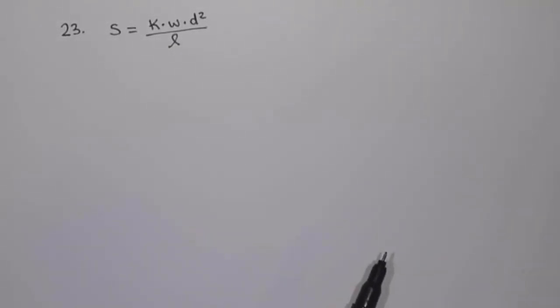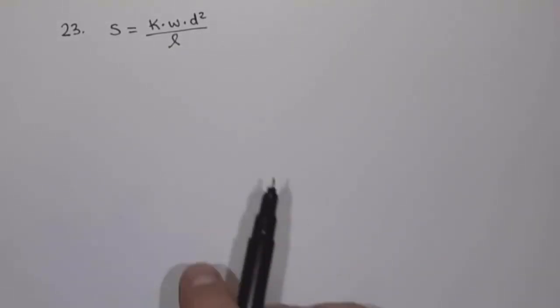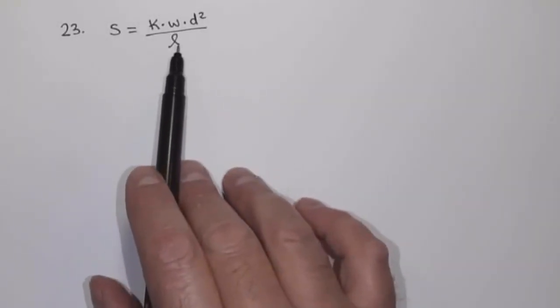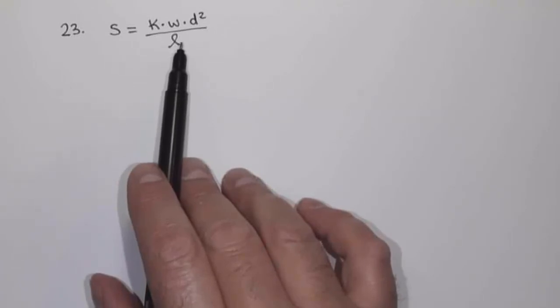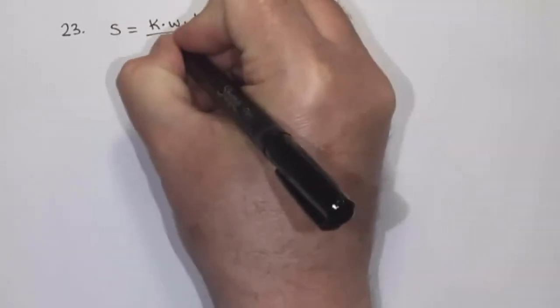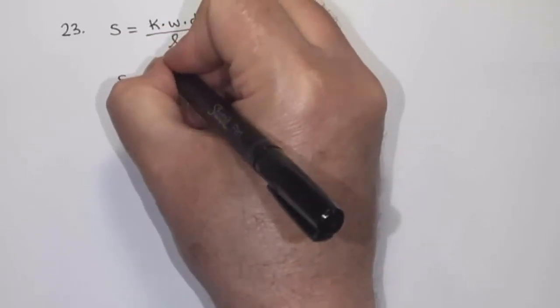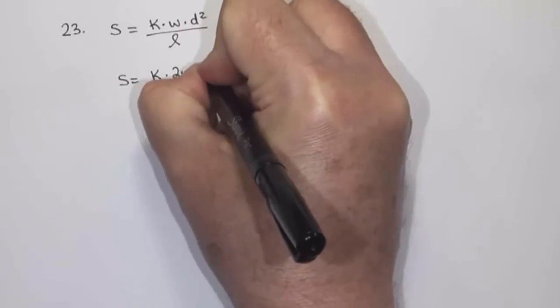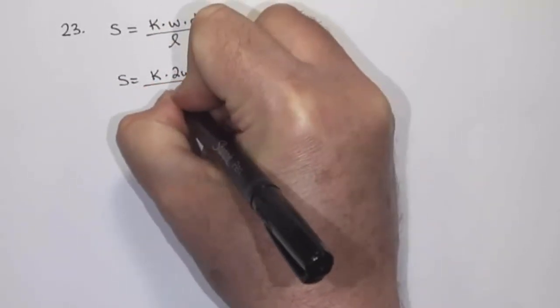Okay? Now our question is what if we doubled both the width and the length? What would be the effect on the strength? So in other words, if we had 2W and 2L, then we would have K times 2W times D squared divided by 2L.